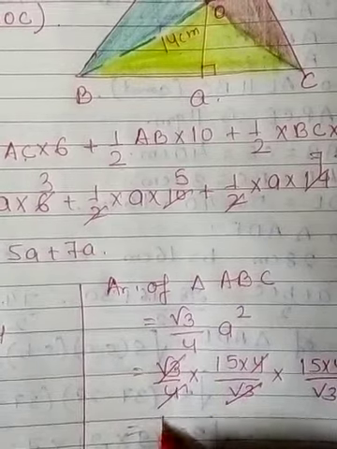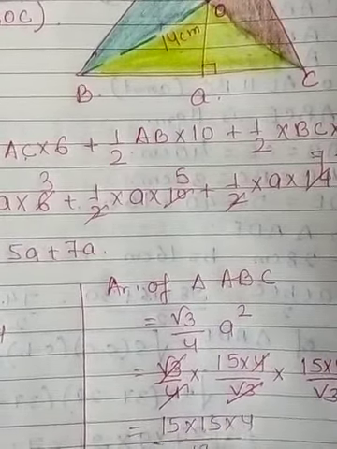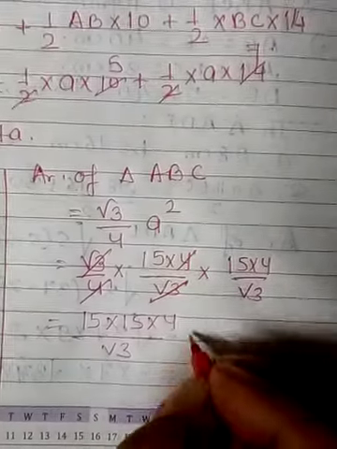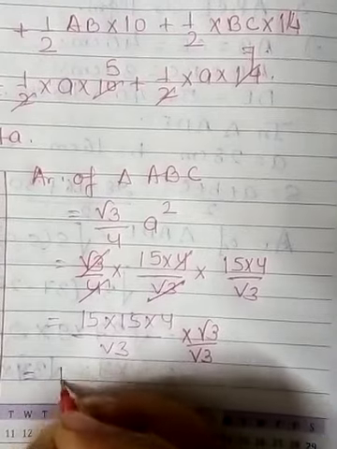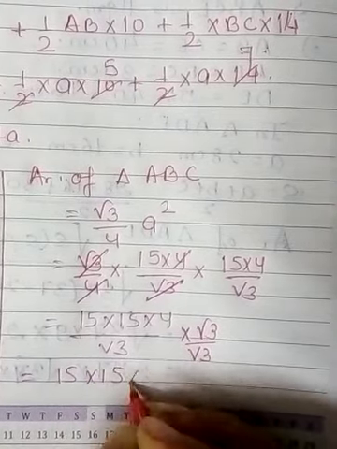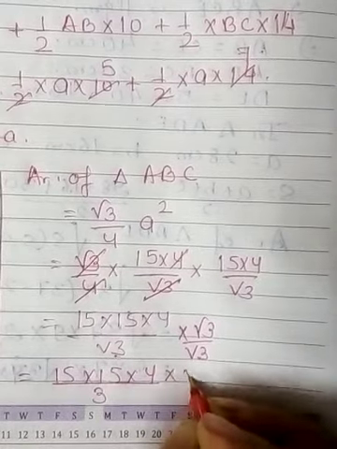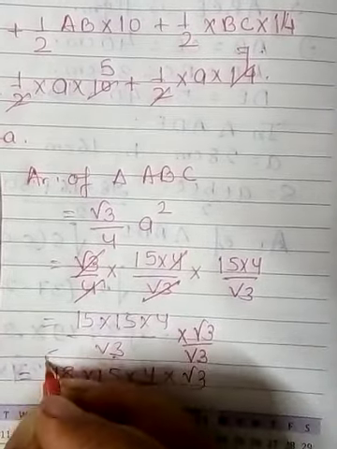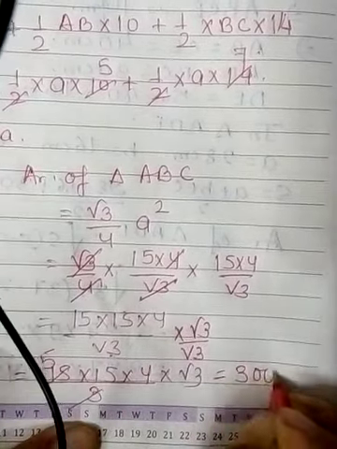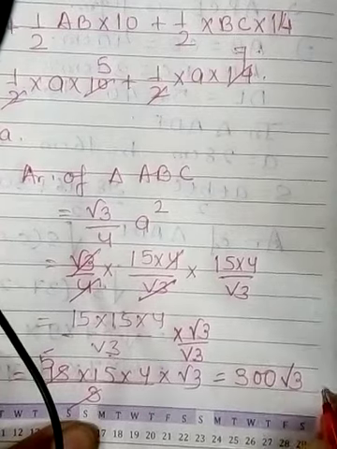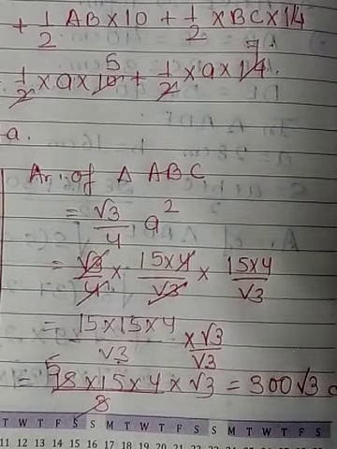So we are getting here 15 into 15 into 4 by root 3. But I am going to rationalize it, so I will multiply it by root 3. So we'll get here 15 into 15 into 4 by root 3 into root 3 is 3 into root 3. So this is 5 and we'll get here 300 root 3 centimeter square.